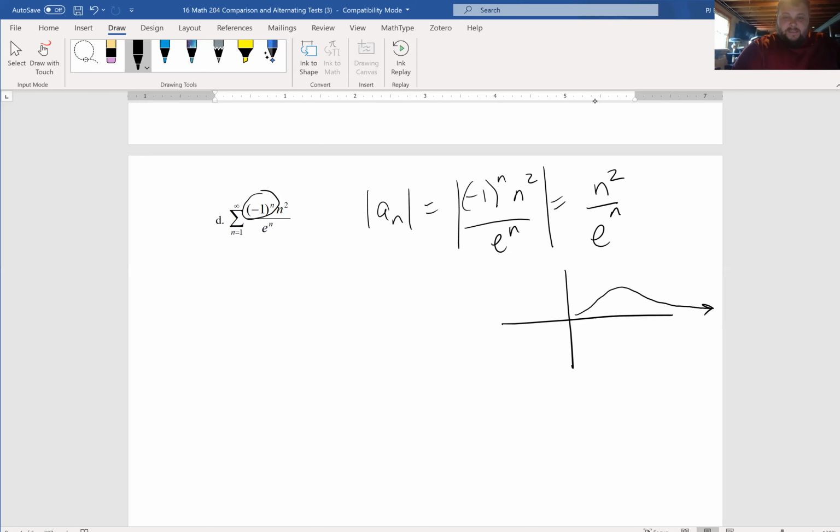So we can still say this is a decreasing function. So that meets the first criteria.